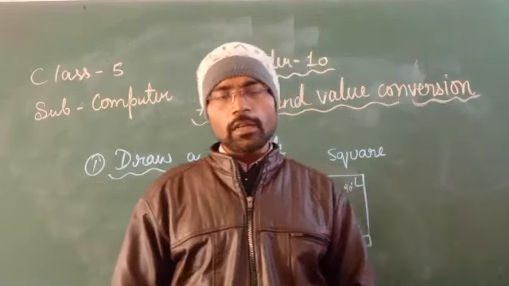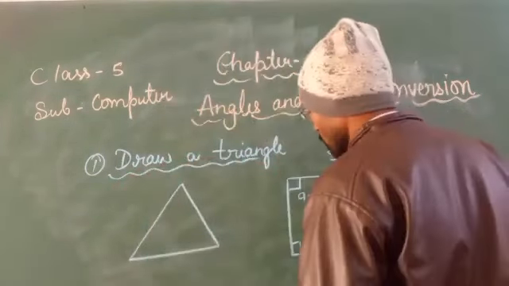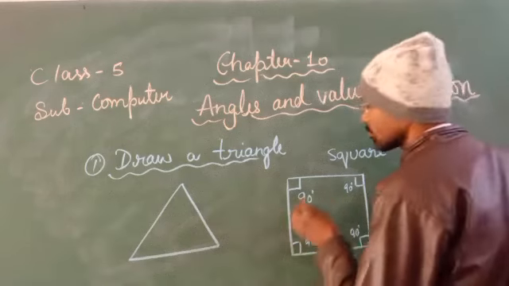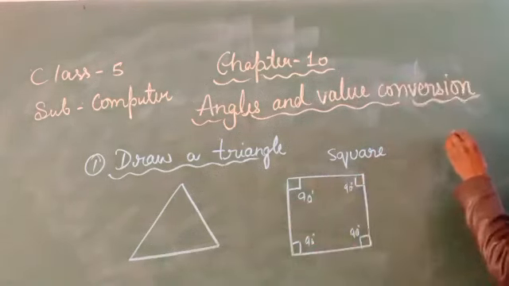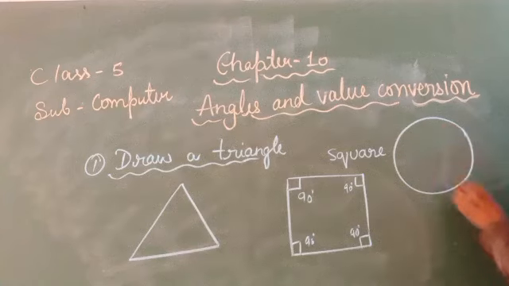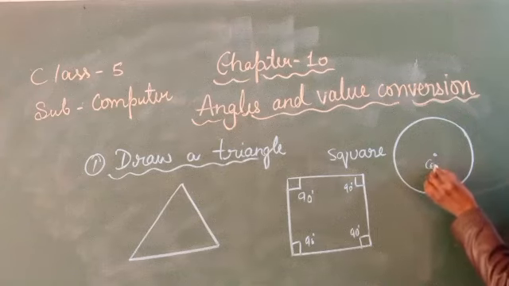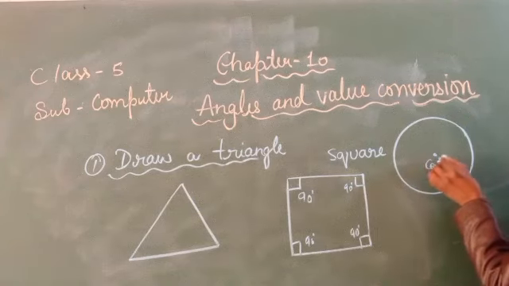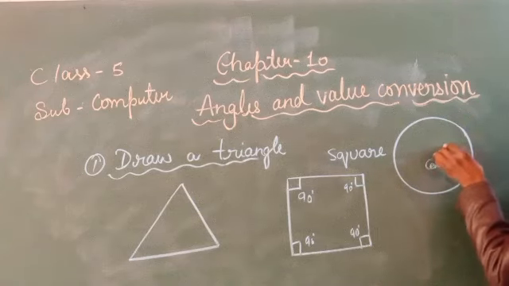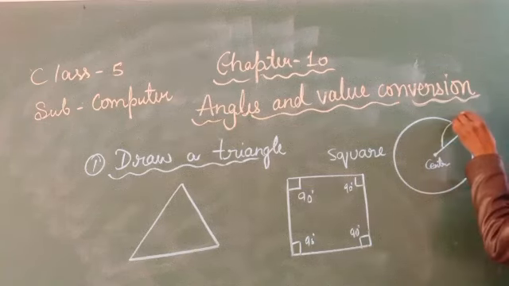That distance is called the radius. Let me draw a circle. Students, look at this. This is the circumference. This is the center point, and this line is called the radius.